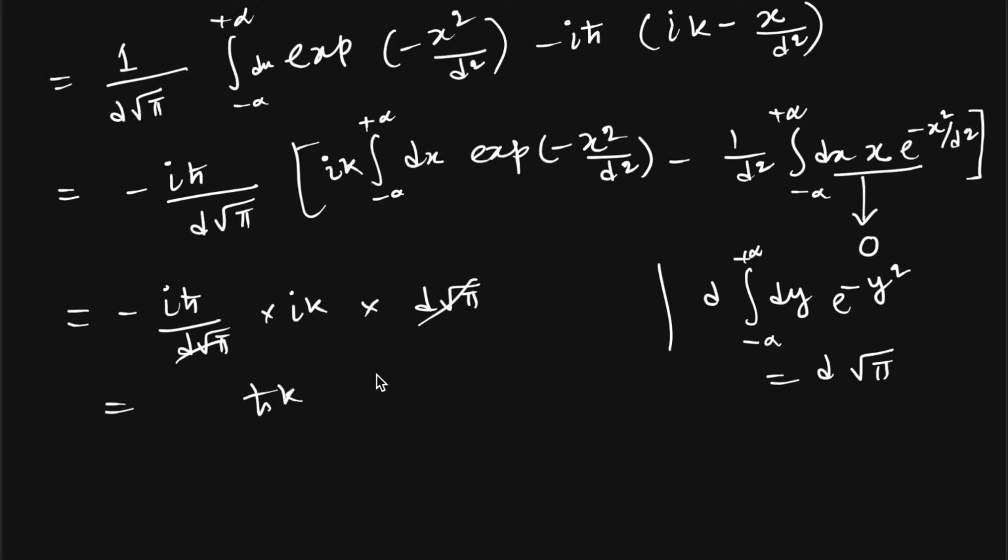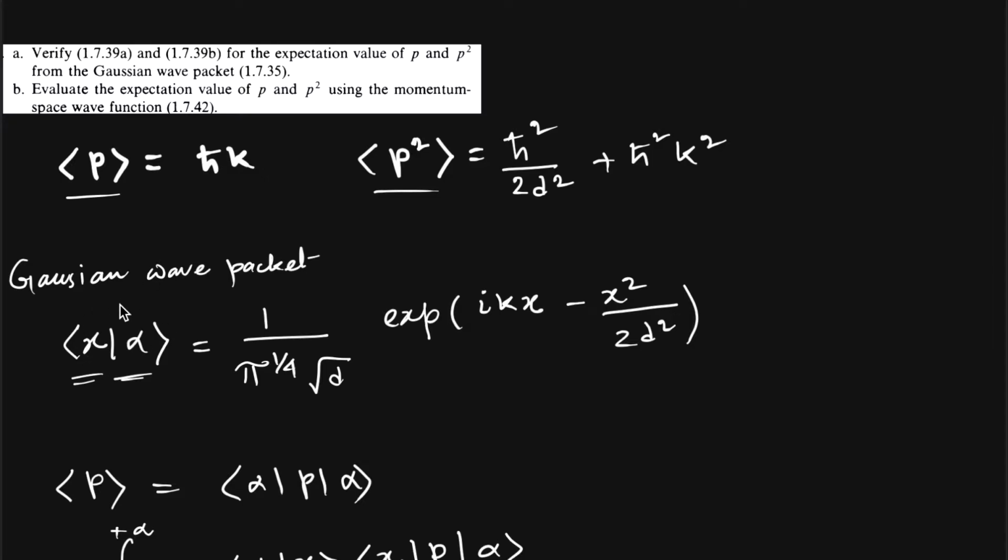So we have seen that the expectation value of the momentum operator in a Gaussian wave packet is h cut k. Now let us calculate p square.